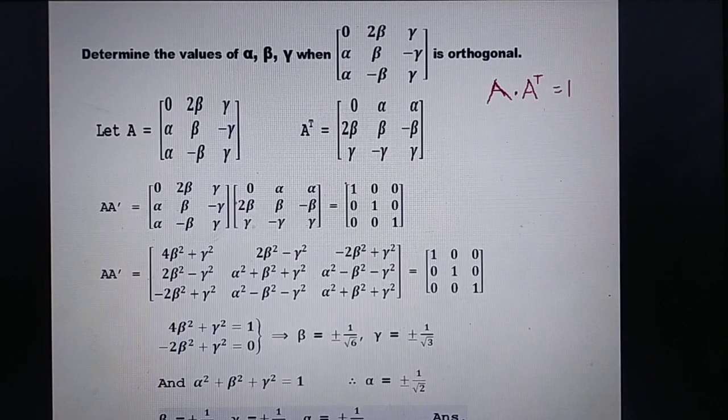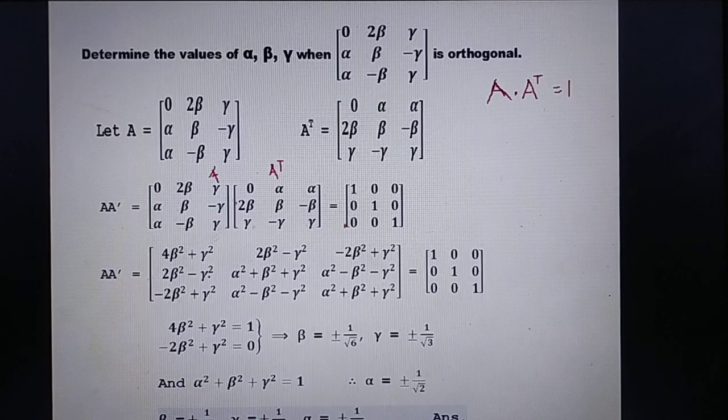So that's why we have here the diagonal matrix with a value of 1 in its major diagonal. So that's orthogonal. So this is A and this is transpose of A. Then when you multiply it and expand the multiplication, you will have the result of a 6 by 6 matrix.